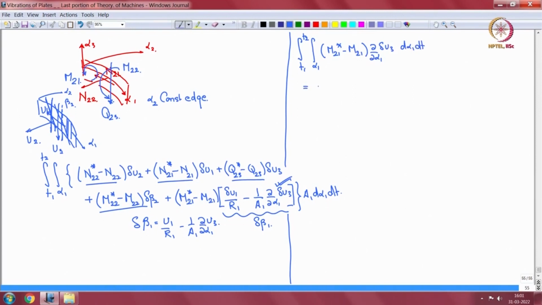del alpha 1 delta u3 d alpha 1 dt. This now can be written as, okay, integral t1 to t2 of (m21 star minus m21) delta u3 dt at the end points of alpha 1, minus integral t1 to t2, integral alpha 1, del alpha 1 of (m21 star minus m21) d alpha 1 delta u3 dt.